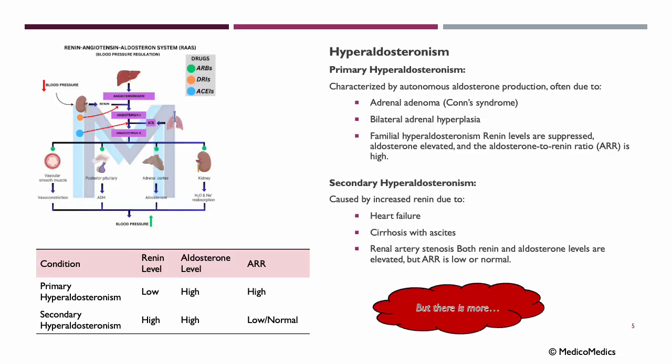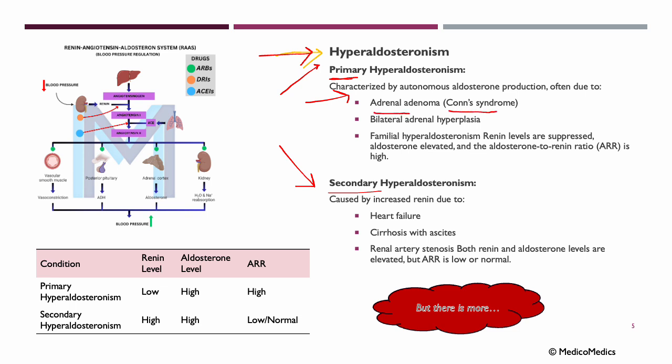Now let's dive a little bit deeper into the pathologies related to the RAAS system. So the one often mentioned is hyperaldosteronism, which is divided into primary and secondary hyperaldosteronism. Now, primary is characterized by autonomous aldosterone production, often due to, for example, adrenal adenoma.